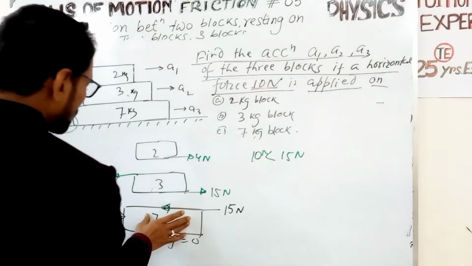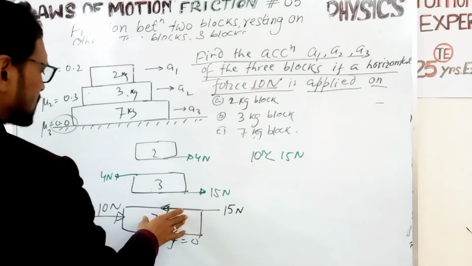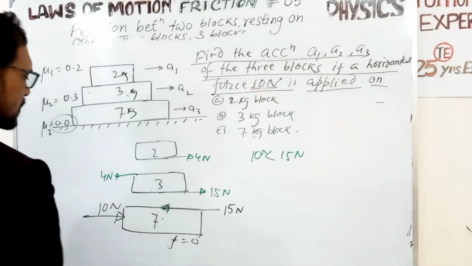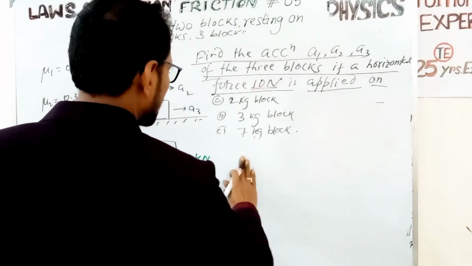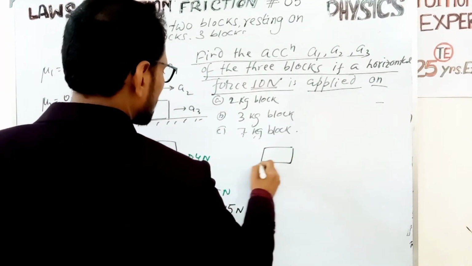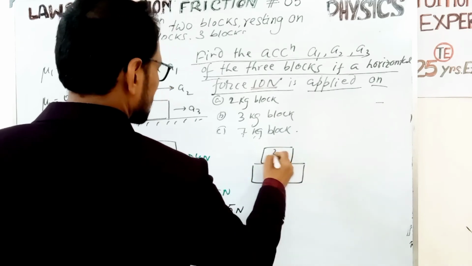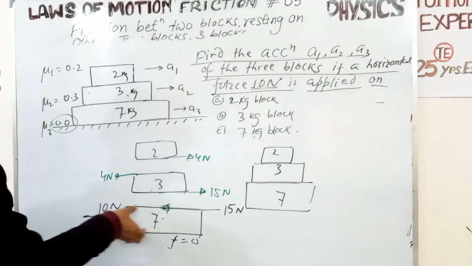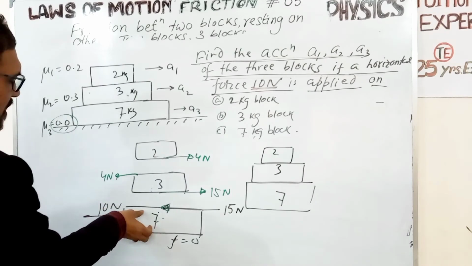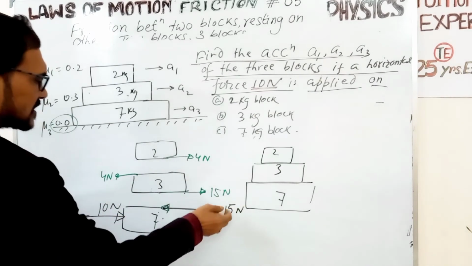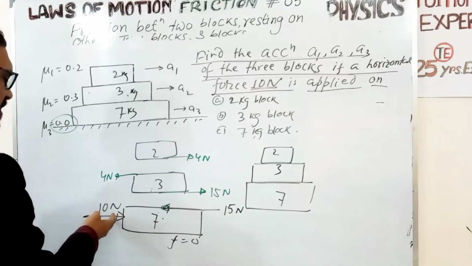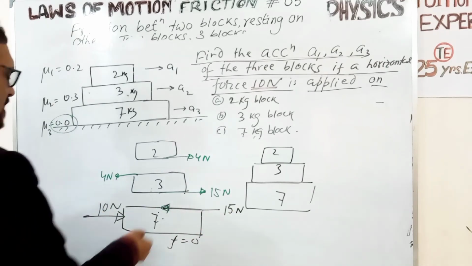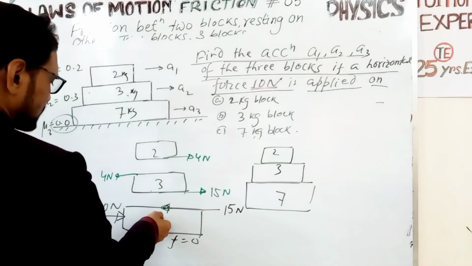As 7 kg cannot move, 3 and 2 also don't move with respect to 7, that is the whole 3 bodies, 2, 3, 7, move together. The 10 Newton first acts on 7 kg, but friction here is 15 Newton, which is greater than 10 Newton, that is friction prevents the motion of the body 7.